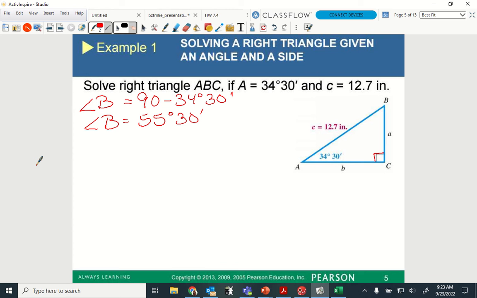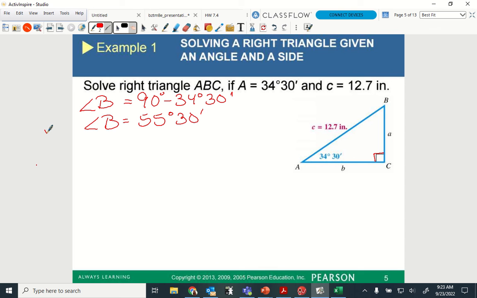That's all the work you have to show to find those other angles. Not much, but there is some work you have to show. Do you know where I care about the degree? On the answer.